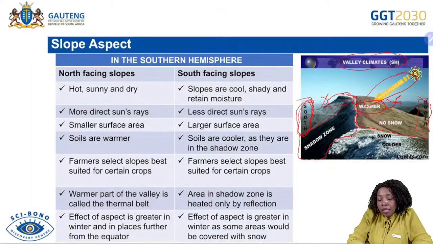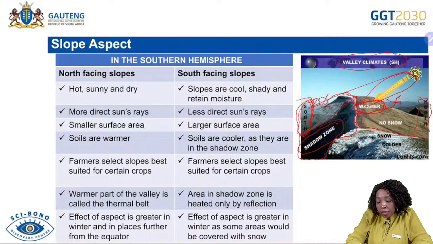So there are limited sun's rays which would hit this particular area here. This makes the south-facing slopes be in a shadow zone, and the north-facing slopes are facing the sun.